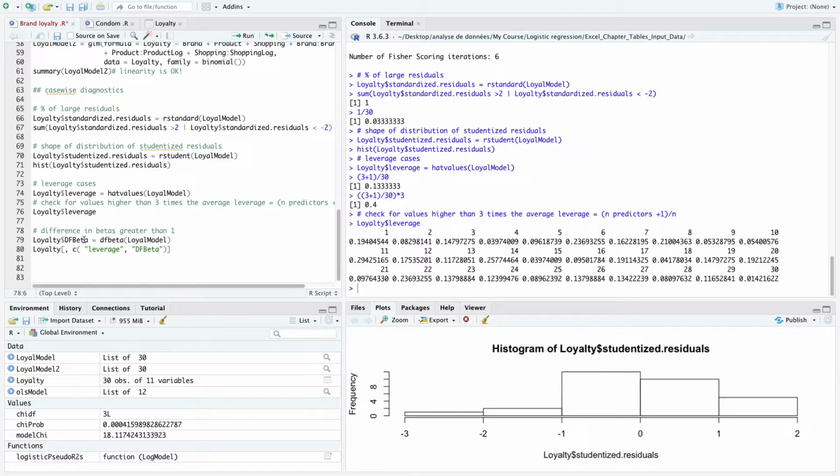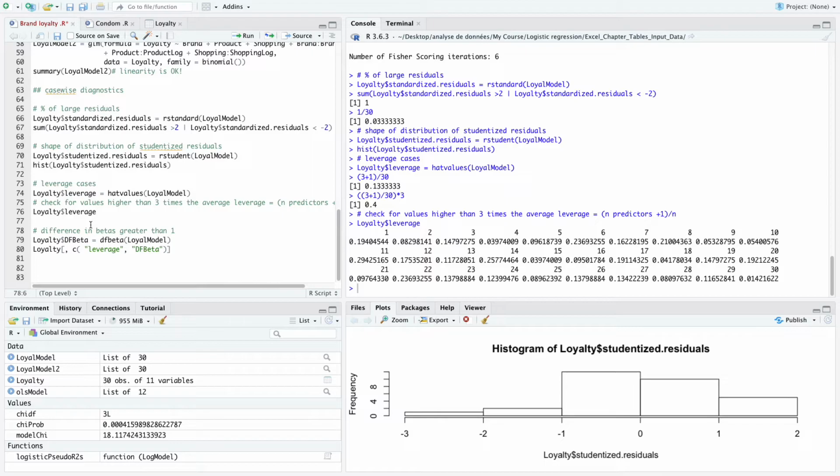And finally, before we finish, we can also look at the dfbeta. These are the differences in betas. Actually, if we take off, for example, one case, and then calculate a new model, and then go back and insert the value and check if the beta has changed for this special case.